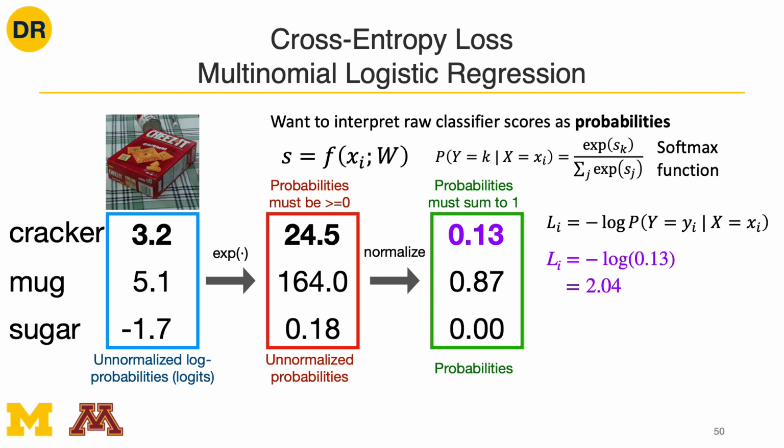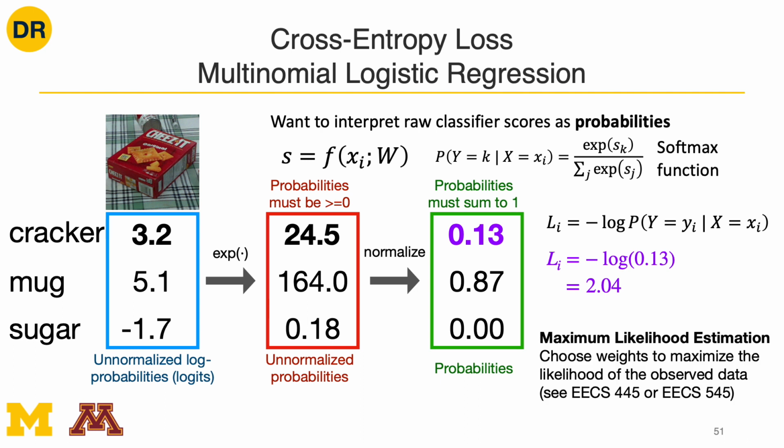In this case, the correct class is the Cracker box. So the loss sub i for this example is going to be the negative log of that probability, which in this case is 0.13.